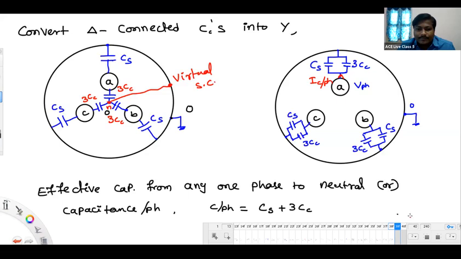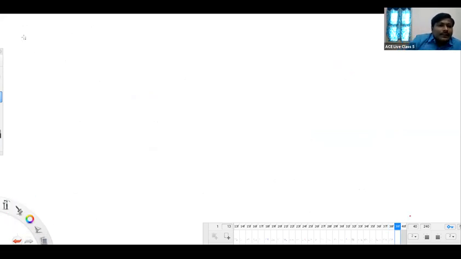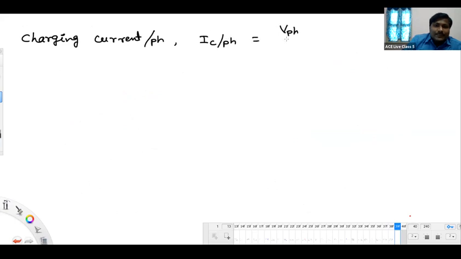So IC per phase equals phase voltage by XC per phase, which is V phase into 2 pi f C per phase. That is the charging current per phase.